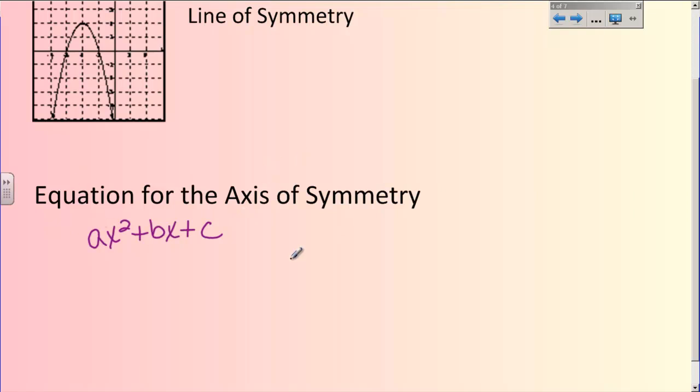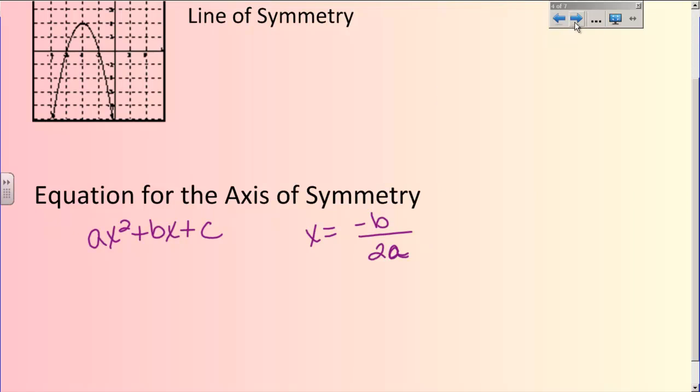The equation for the axis of symmetry is always going to be x equals, because it is a vertical line that cuts the parabola in half. And the equation for that is the opposite of b, so whatever b is, divided by 2a. You need to commit this equation to heart. You're going to have to use it over and over and over, but to find the axis of symmetry, it's the opposite of b over 2a.